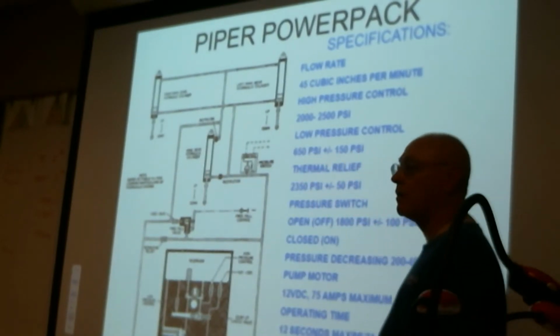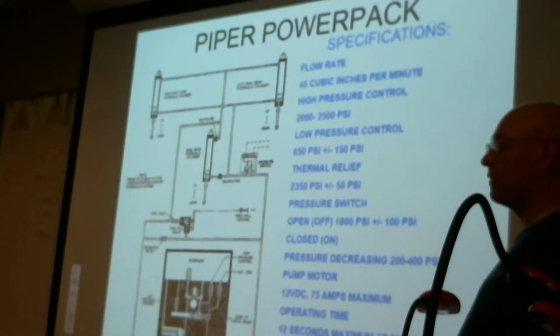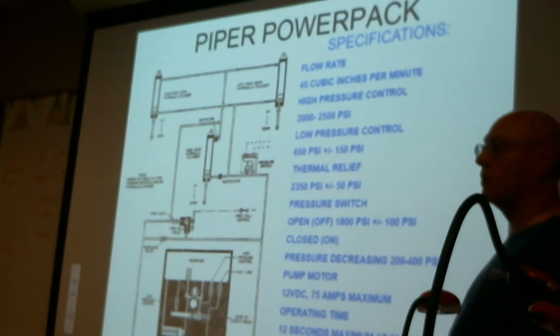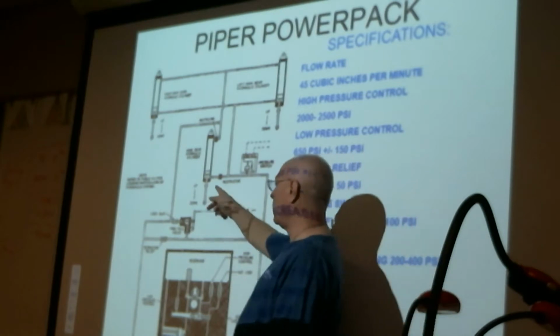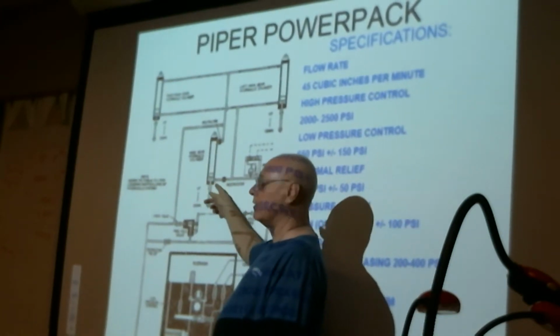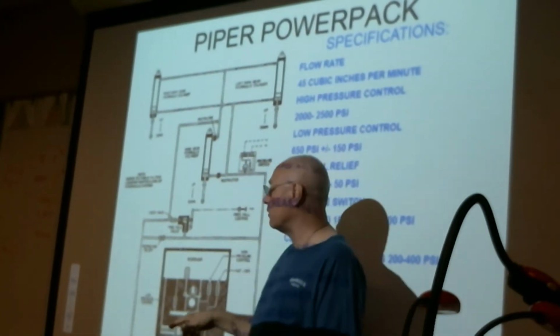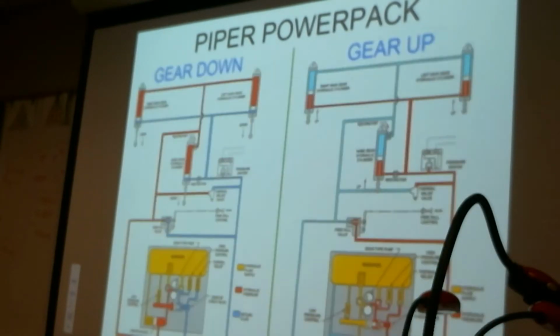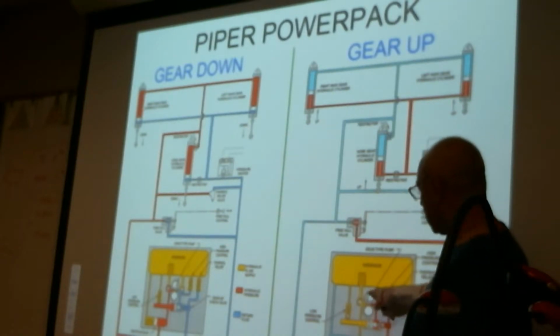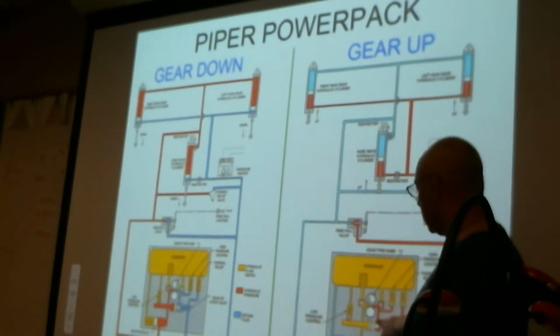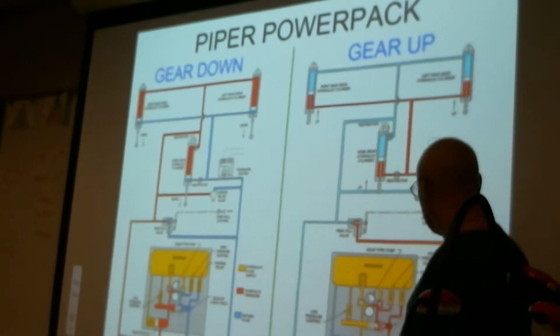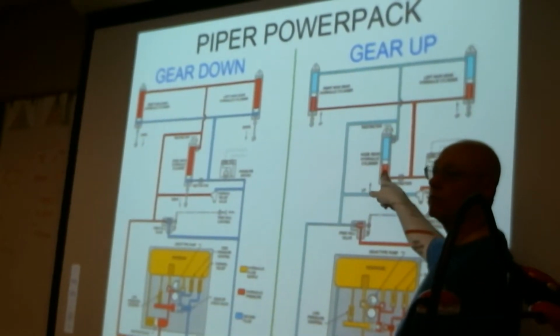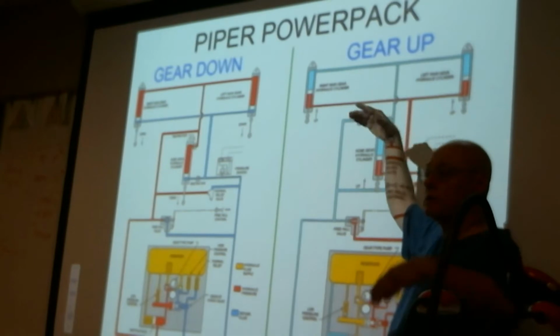When we want to make the gear go up and down, a lot of single-engine aircraft, Pipers in particular, what we do is we run hydraulic fluid under pressure into one side of an actuator or another. So in the case of the Piper, if we want to retract the gear, we put the landing gear handle in the up position, and what that does is it runs the electric motor one particular way. What that does is it delivers flow from the discharge side of the pump in order to push hydraulic fluid into the actuators and raise the gear up.